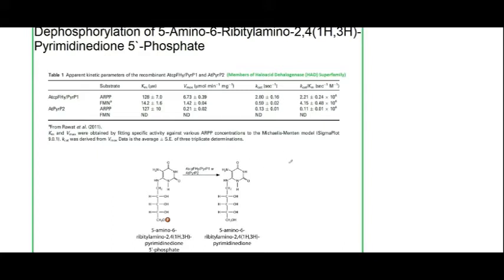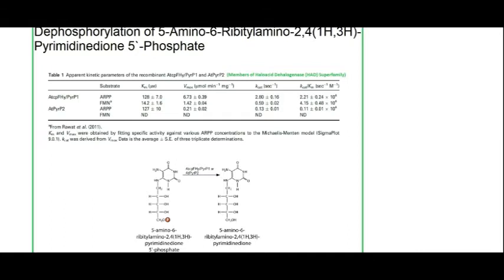So I couldn't find a structure for any of these. They did mention that these are members of the haloacid dehalogenase, or HAD superfamily, which has a pretty conserved sort of mechanism.